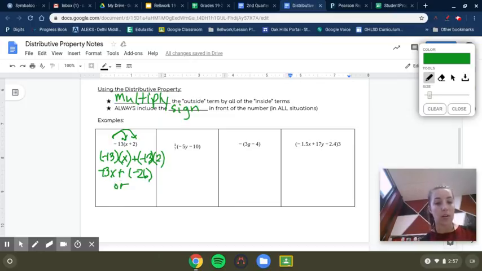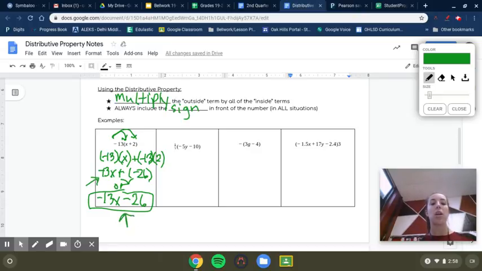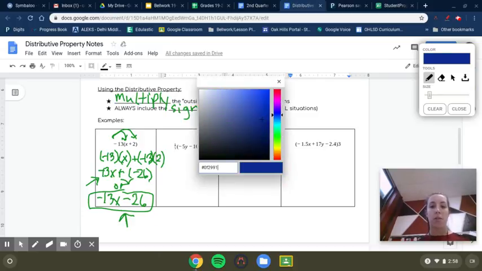Or you could also say negative 13x minus 26. Because we can't normally have two signs together, we always bring that down to one sign, and since they're different, that means subtract. So negative 13x minus 26 is going to be your final solution. Both solutions are the same. You can use either one, but this one is more commonly used because we don't like the two signs together.